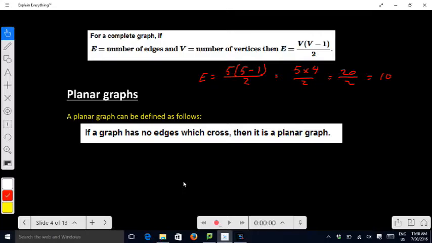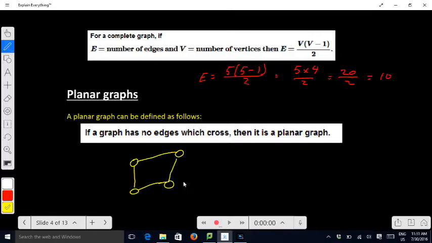So looking at planar graphs, a planar graph can be defined as follows. Basically, a graph which has no edges that cross each other is the simplest way of looking at it. If I have 4 vertices, this would be a planar graph.